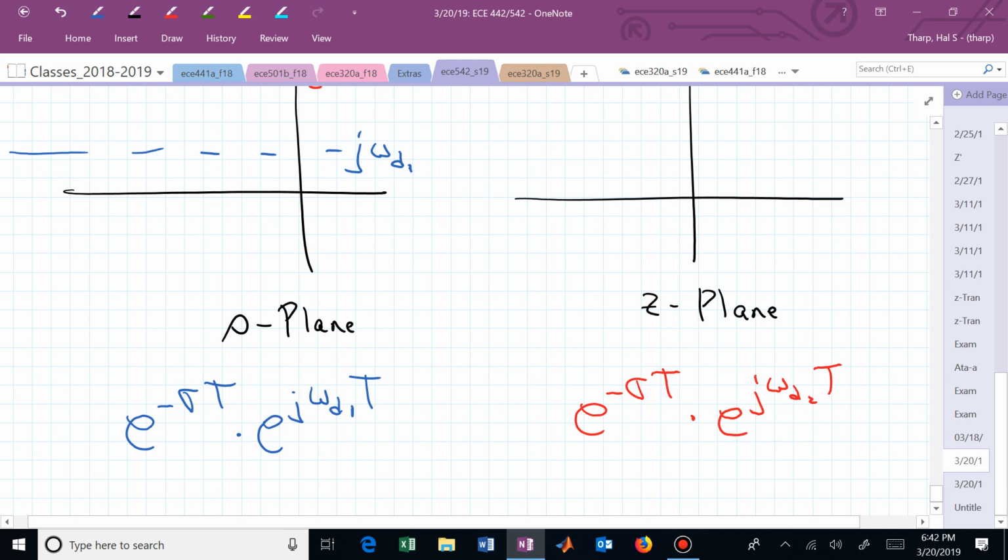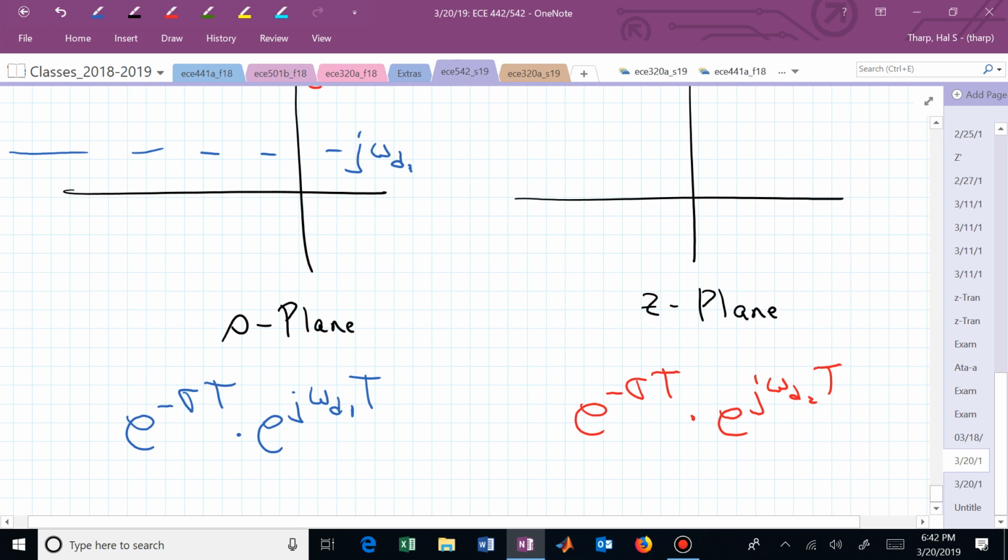I factored it now as a radius times e to the j theta d. Theta d for a fixed omega d1 is fixed, isn't it? Our angle is fixed. We change sigma, we're just moving r. We're now on an angle or a wedge in the z-plane.